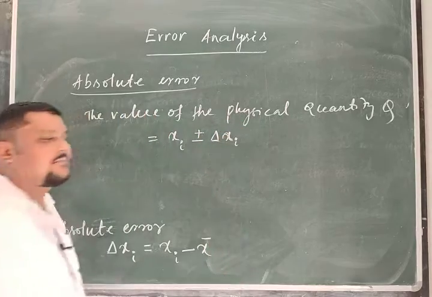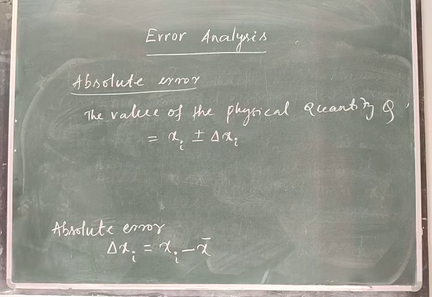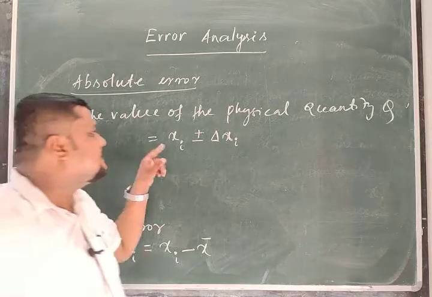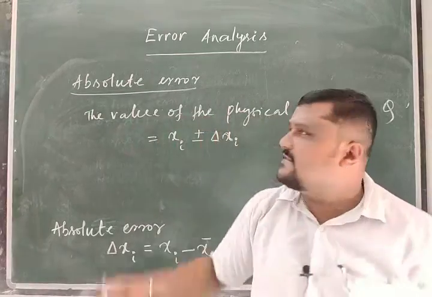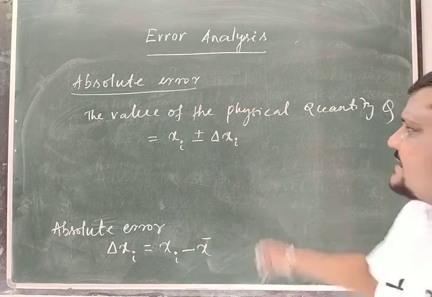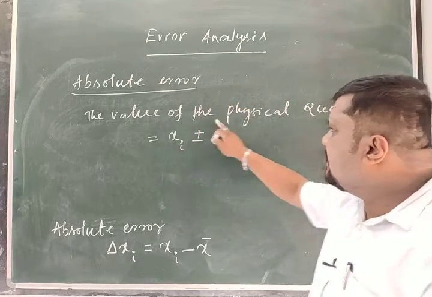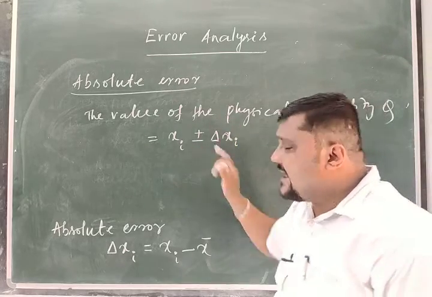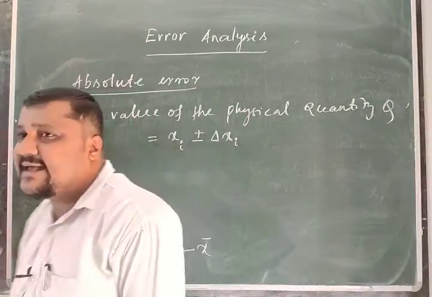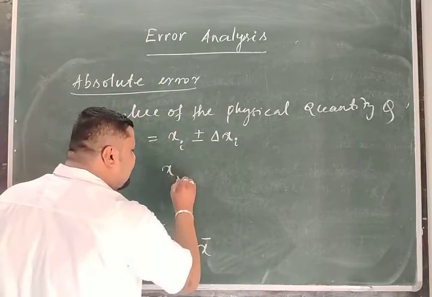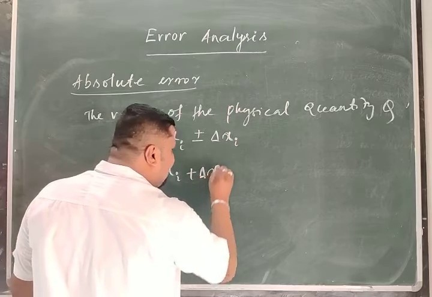This is the method to write the ith observation with its error. That means the value of the physical quantity with error is xi plus or minus delta xi. It means it lies between xi minus delta xi and xi plus delta xi.